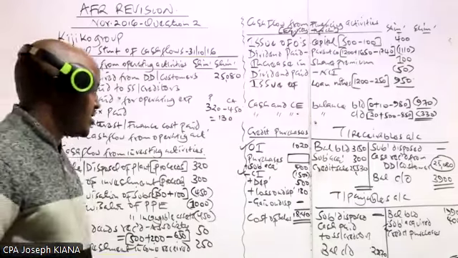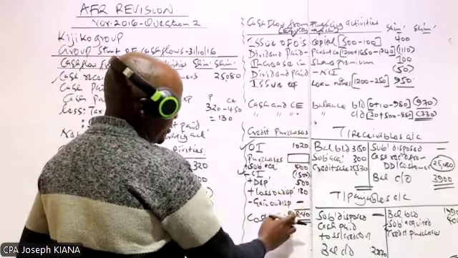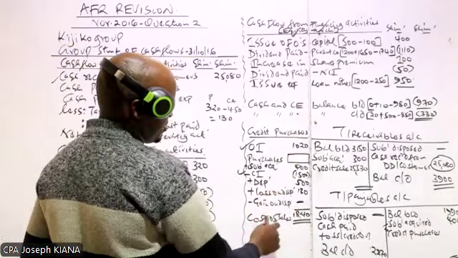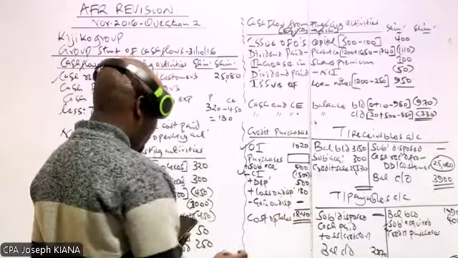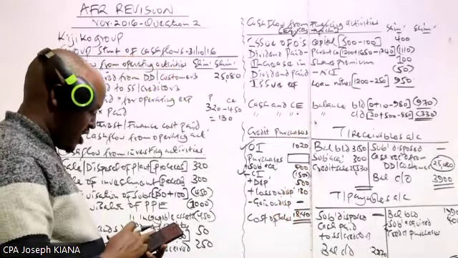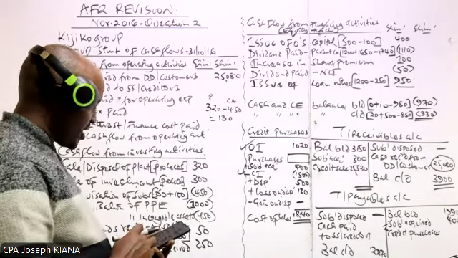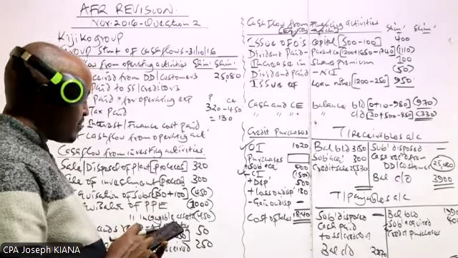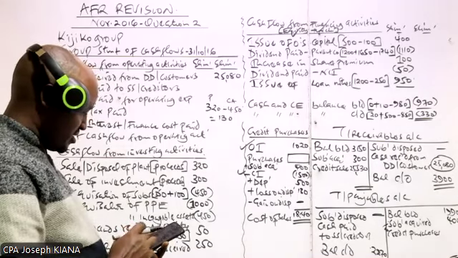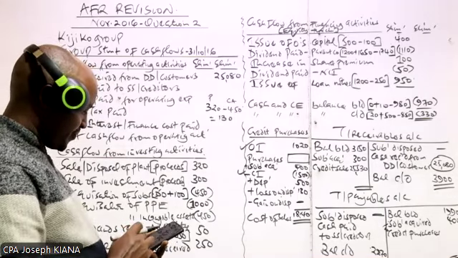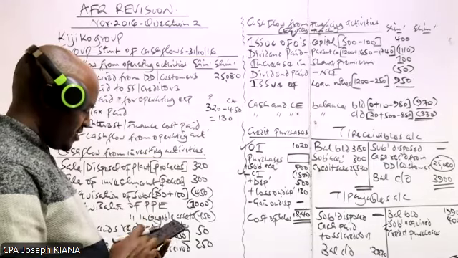So how do you get that one? You work out all these, and then you get the difference between what you're going to get after working all this and the final figure there. So we have 1020 plus 400 minus 1500 plus 500 plus 130. I'm getting 550.